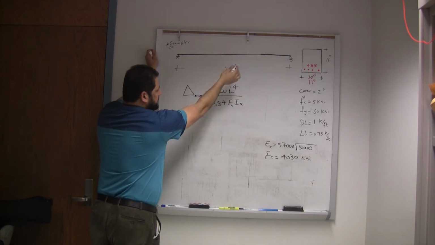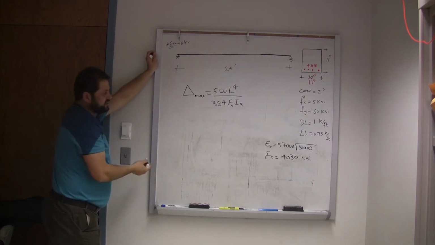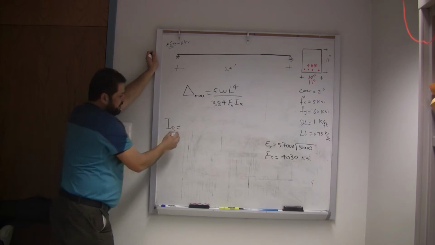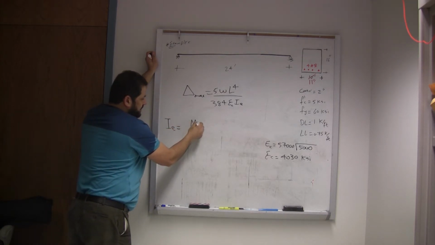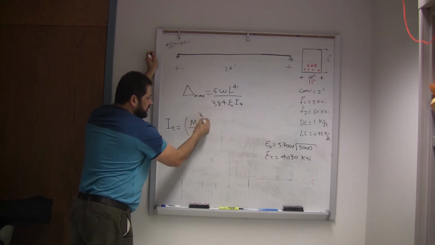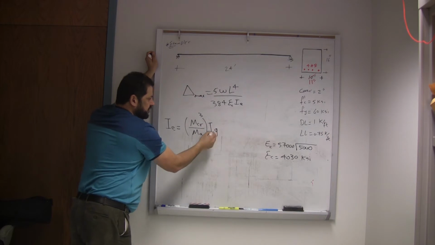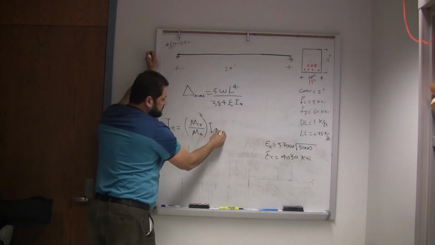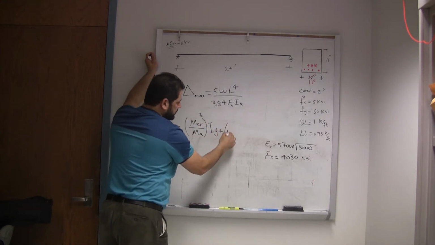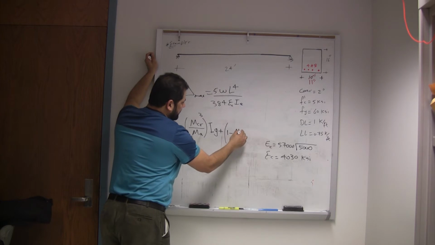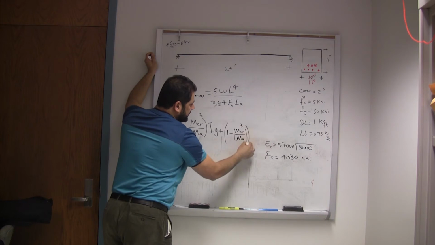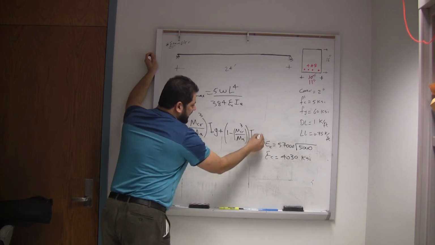If I'm asking about the live load, I have W and I have the length, it's given to me here. The only thing I need to calculate is I effective. And the formula for I effective is M cracking over Ma cubed times I gross plus 1 minus M cracking over Ma cubed times I crack.